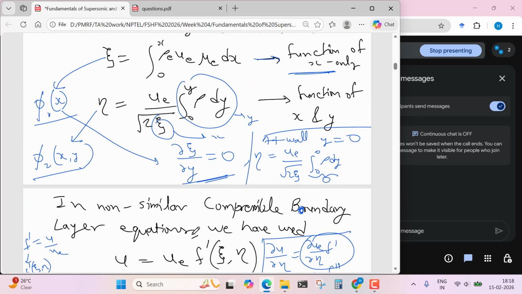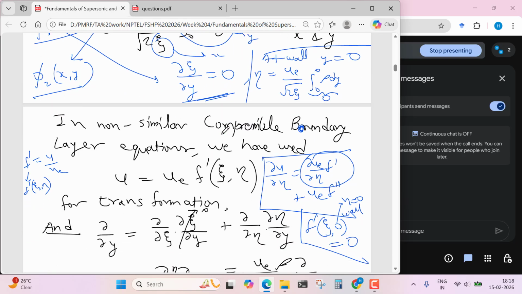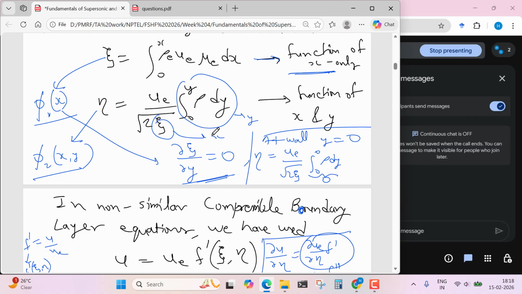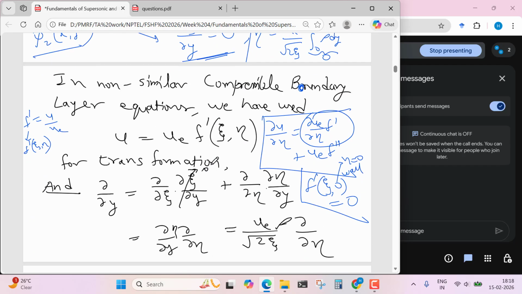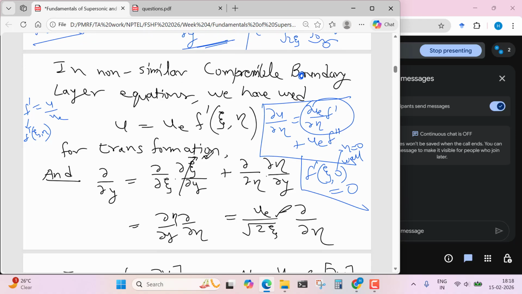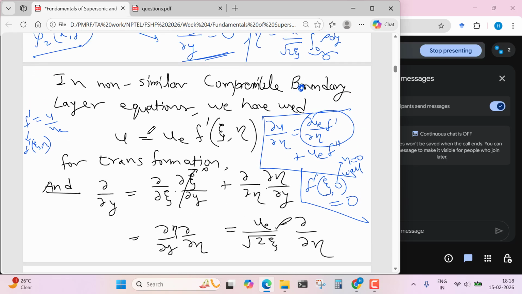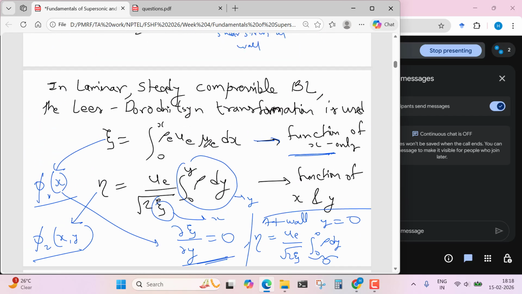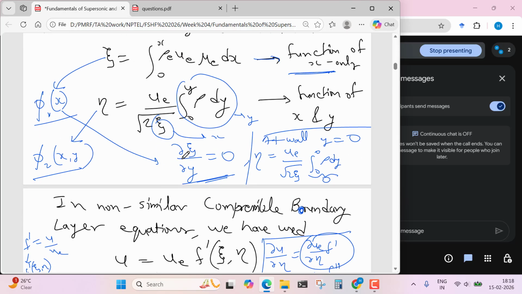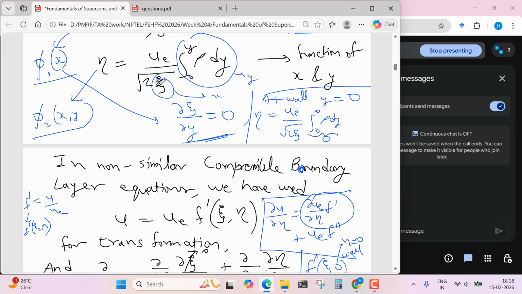Here ue and root 2 xi are functions of x only.